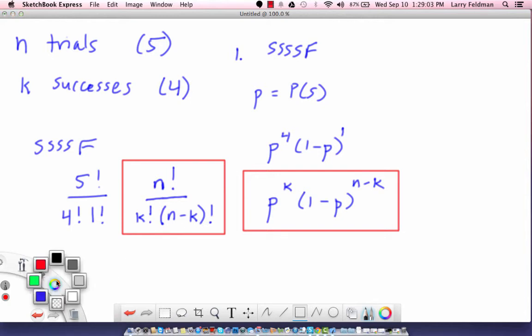So all we have to do at this stage is multiply these together. And that's exactly what we did when we solved the basketball problem.